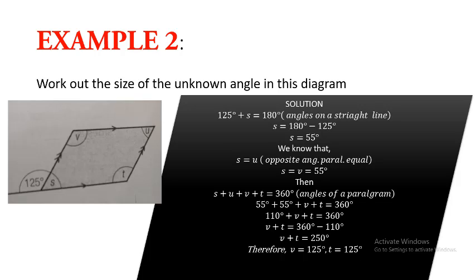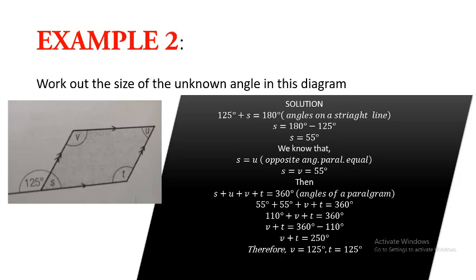Now, S plus U plus V plus T is equal to 360 degrees. Why? Angles of a parallelogram. If we add these four angles in this parallelogram, the answer is 360 degrees. So we know that S is 55 degrees and U is equal to 55 degrees, plus V plus T is equal to 360 degrees.